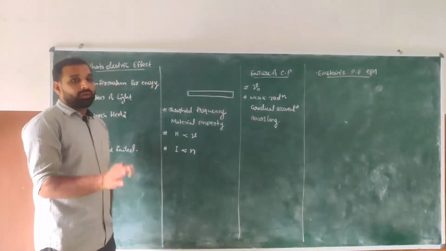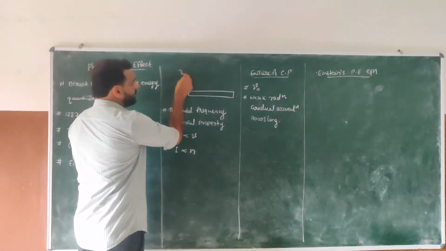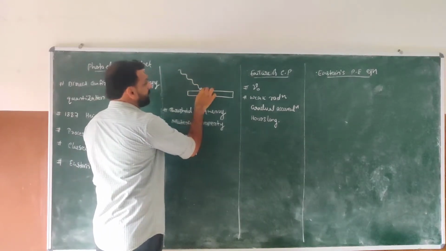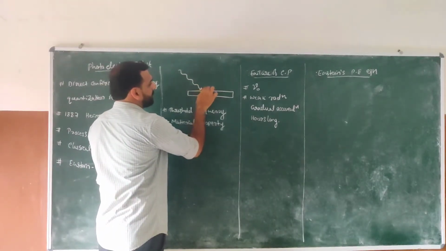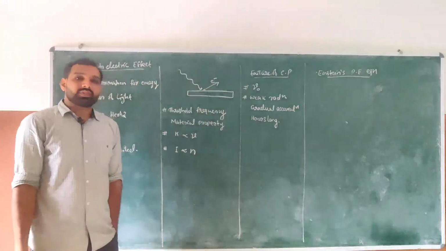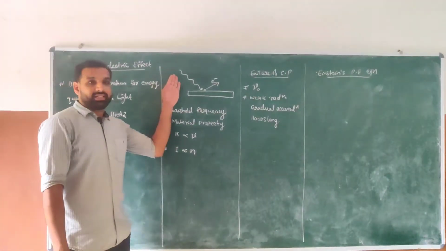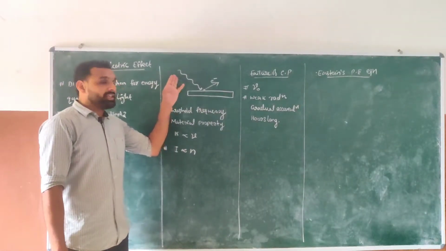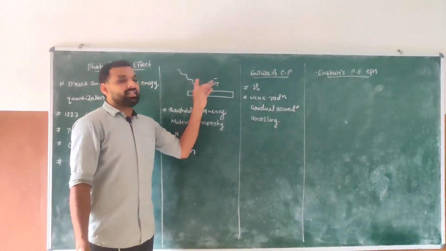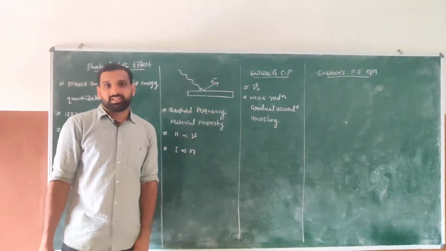When light of sufficient frequency falls on certain metallic surfaces, electrons are ejected from the metal surface. This process is called the photoelectric effect.